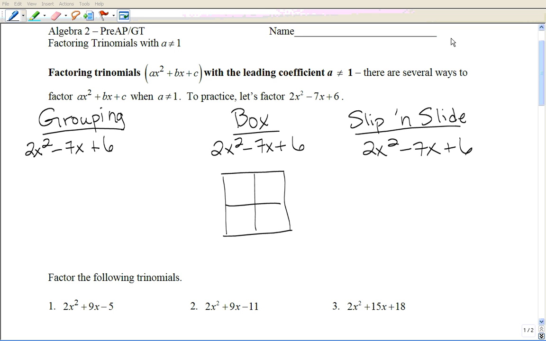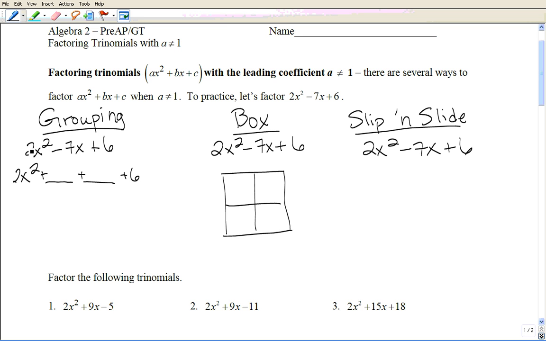So for grouping, which you'll see over here on the left, what we want to do is first write the ax squared term, so we get 2x squared, and then instead of writing minus 7x, we're going to put plus a blank, and then write the last term again, so we have plus 6.